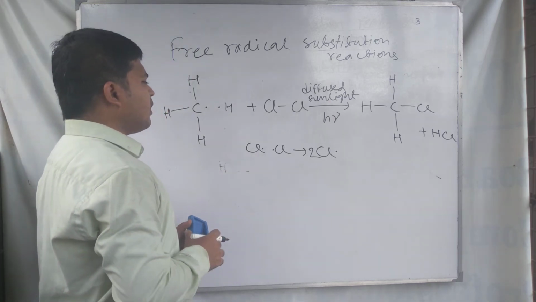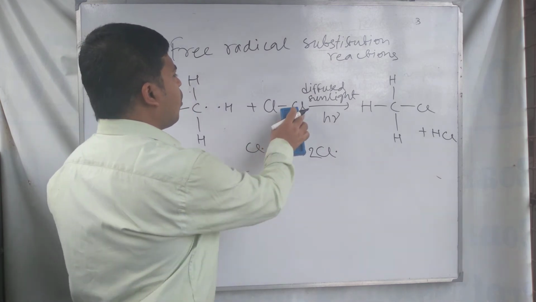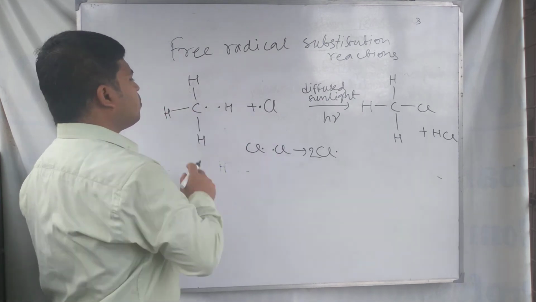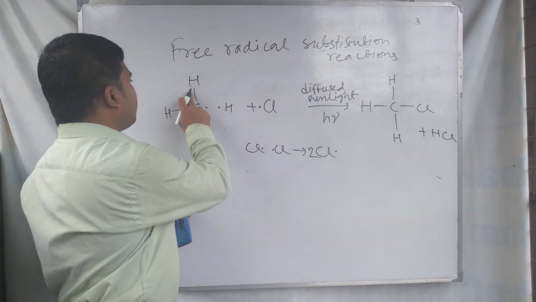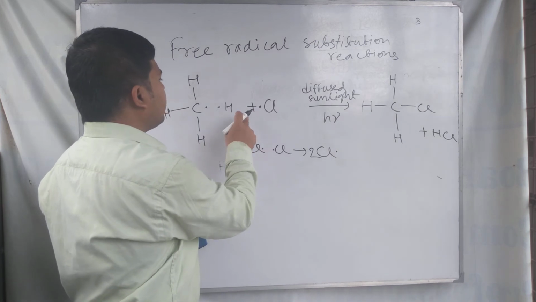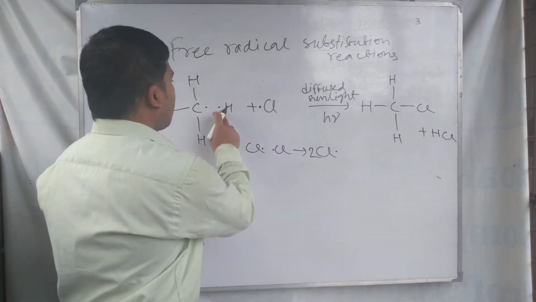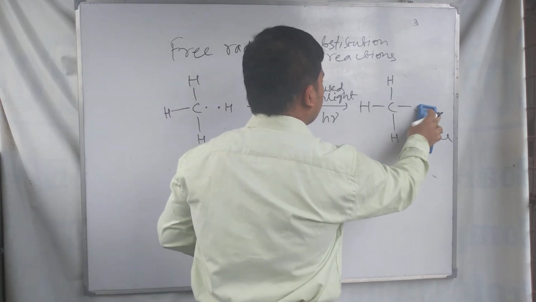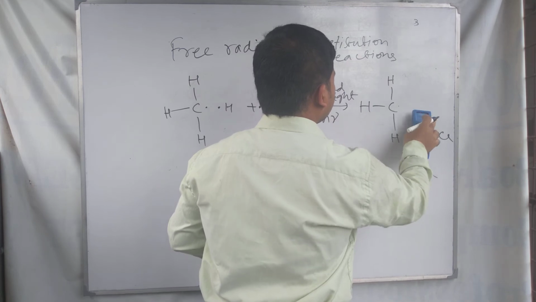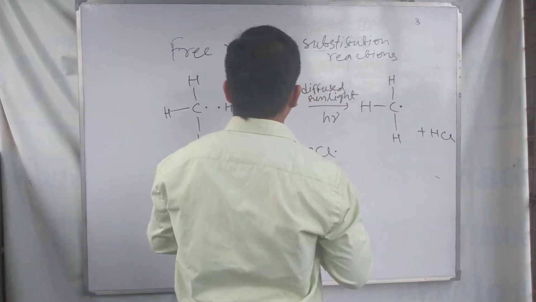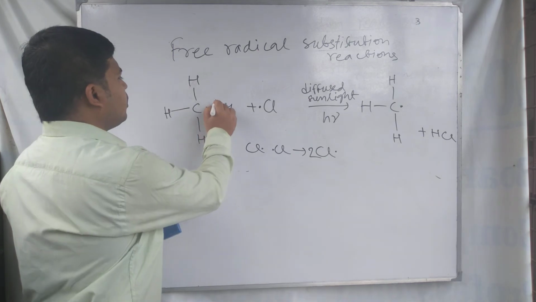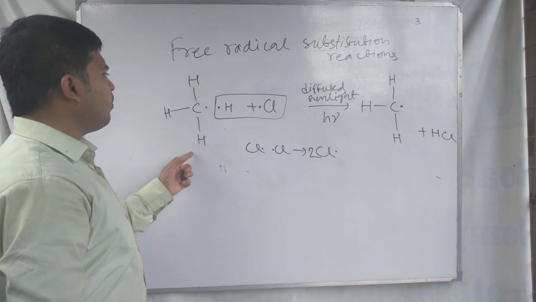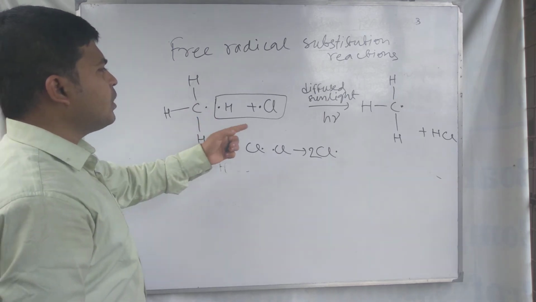So let's start with the chlorine dot. This chlorine radical reacts with the methane molecule, and the hydrogen dot and chlorine dot combine to form HCl, and the methyl radical CH3 dot is developed first.